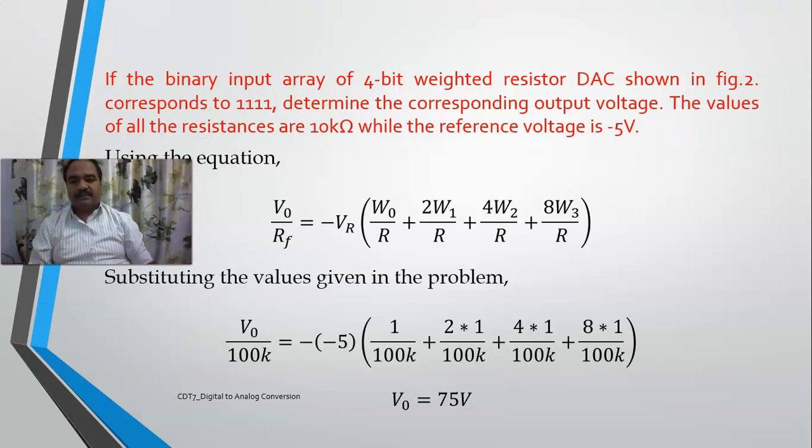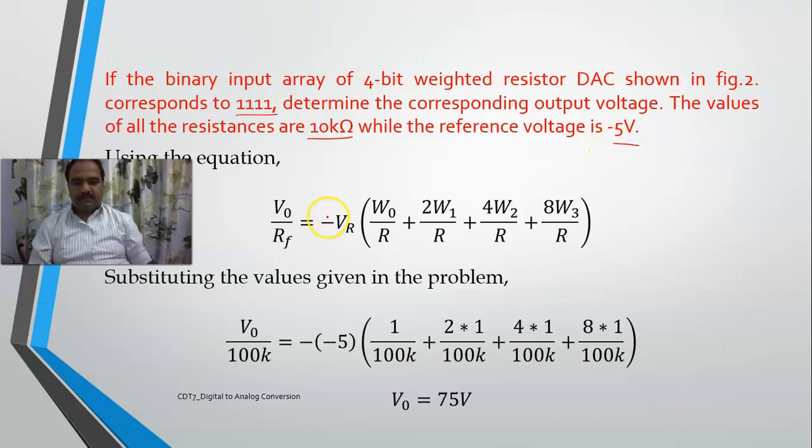Now see here in this case, the binary input array of 4 bits is given as 4 ones. Determine the corresponding output voltage. The values of all the resistances are 10 kilo ohm, while the reference voltage is minus 5, which we have already seen.